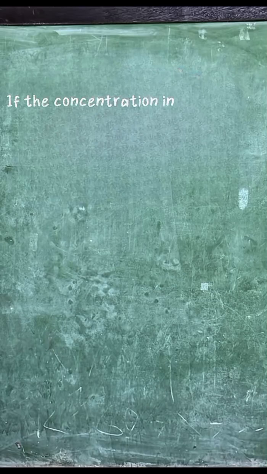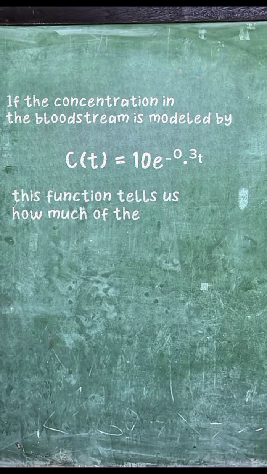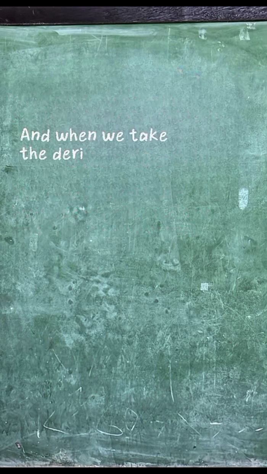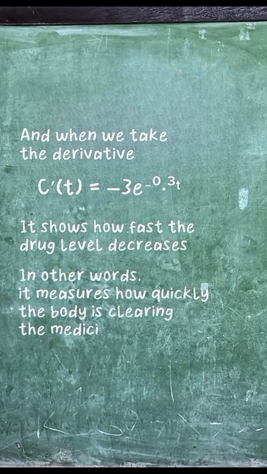If the concentration in the bloodstream is modeled as this, the function tells us how much of the medicine remains at any moment. And when we take the derivative, it shows how fast the drug level decreases. In other words, it measures how quickly the body is clearing the medicine.